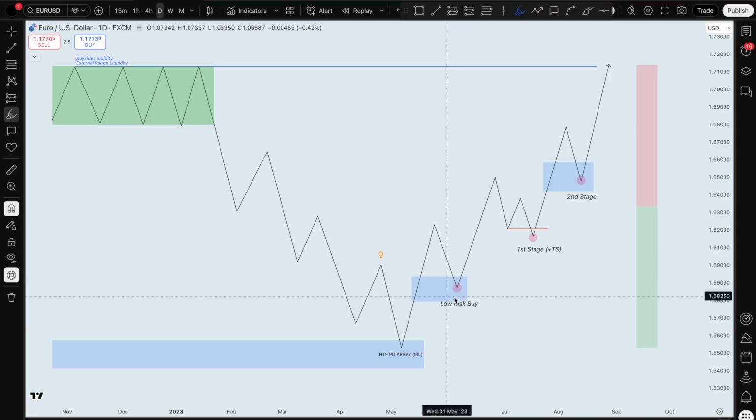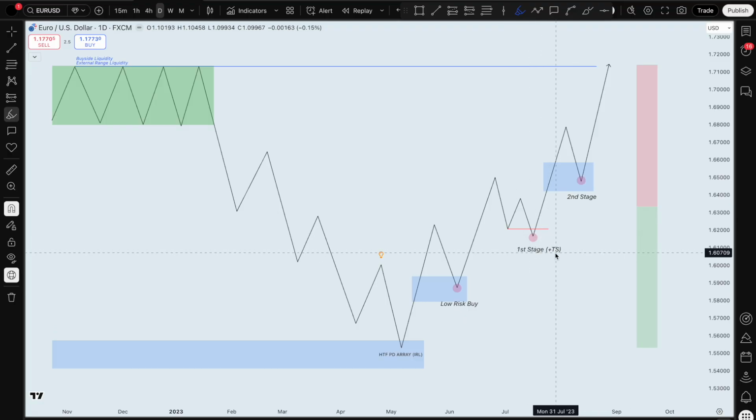When this happens on the chart, you basically do nothing. Why? Because the low risk buy is the first kind of entry you have on the market maker model, and it's low probability because it's the first entry, so you do nothing. Price will then continue higher, create a weak low, and run this weak low to create the first stage.